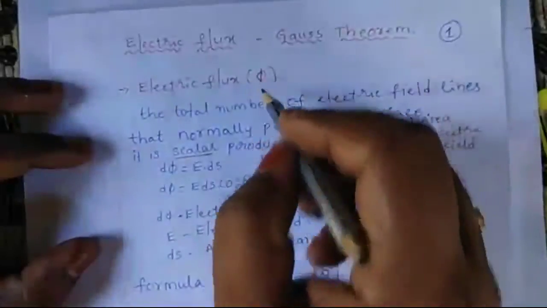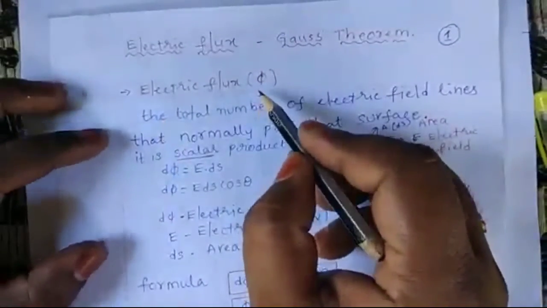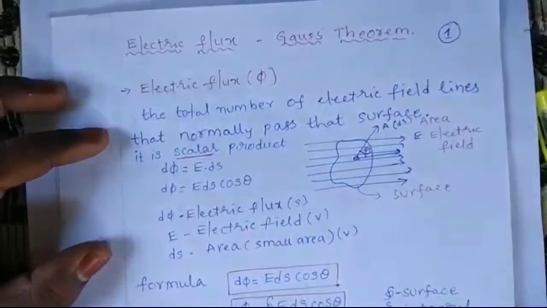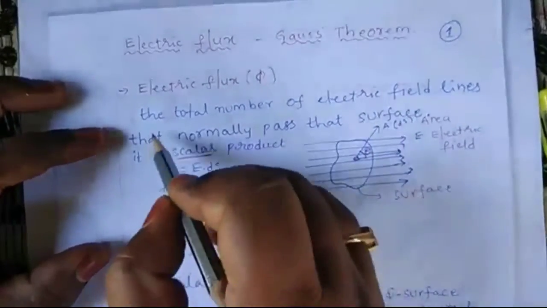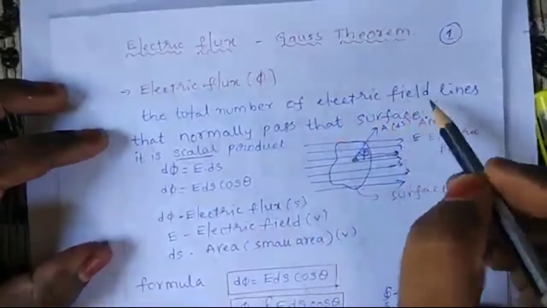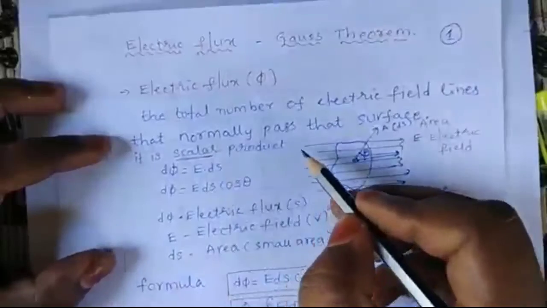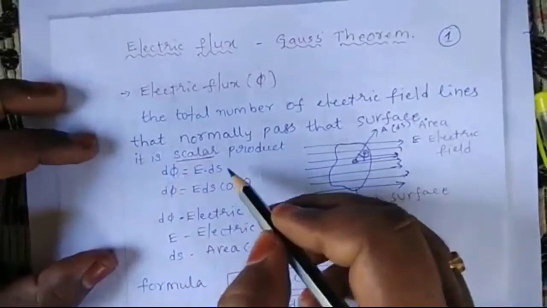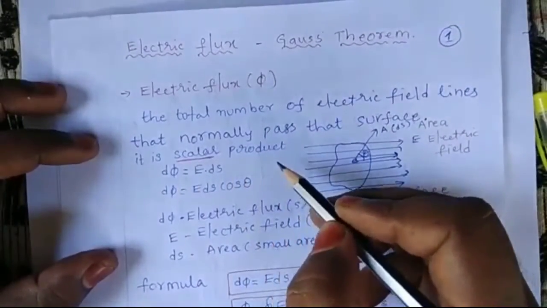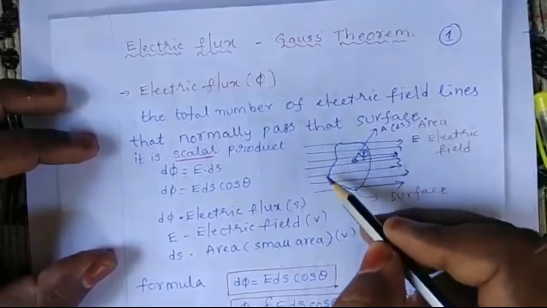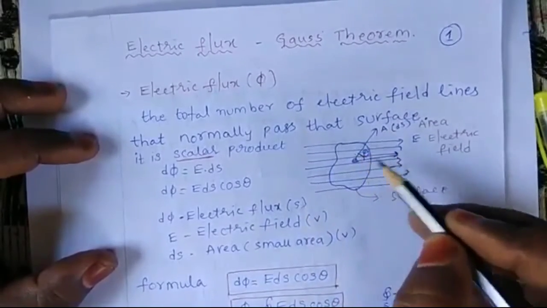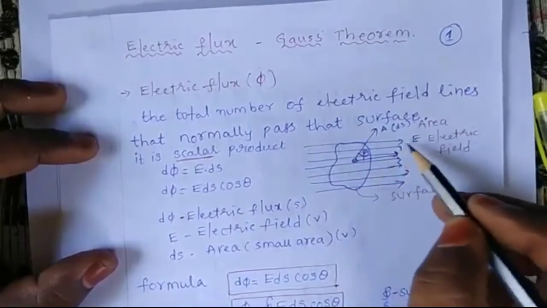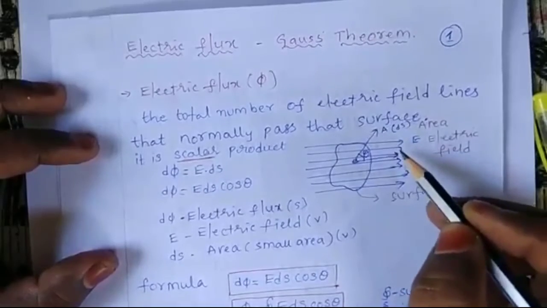Coming to electric flux, it is denoted by phi, which is defined as the total number of electric field lines that normally pass through a surface. It is a scalar product. See here, this is a closed surface, and the arrow indicates the electric field.